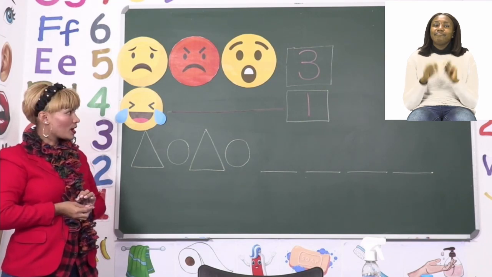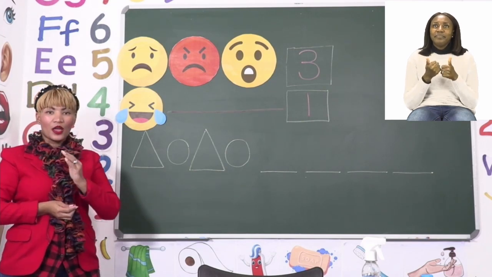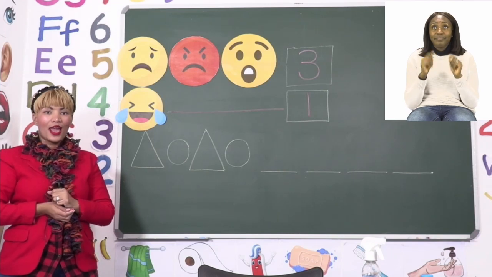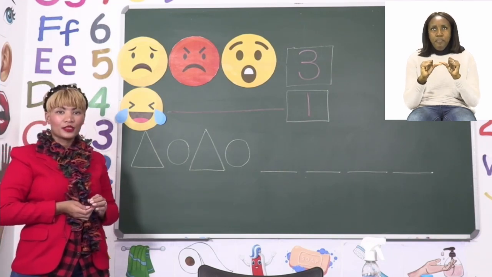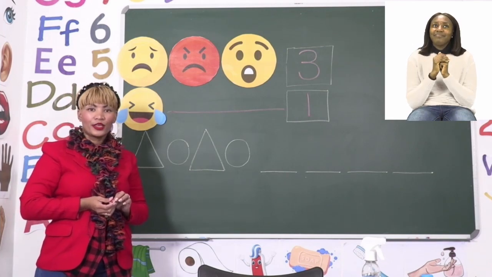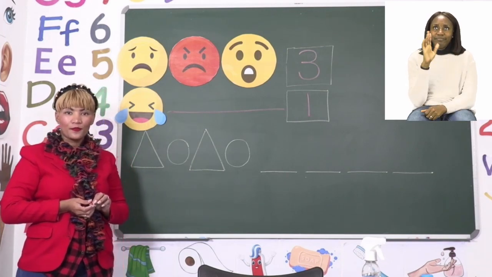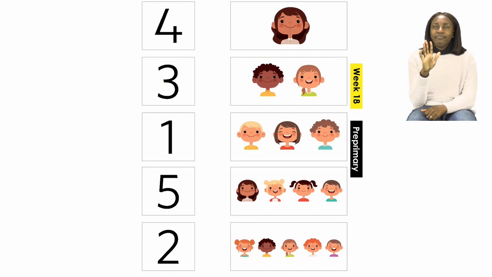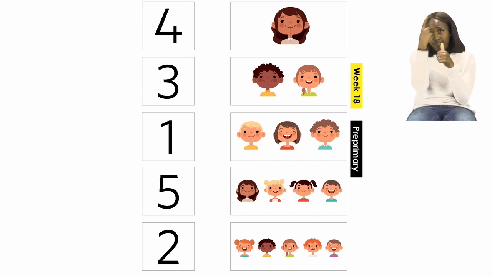Good job, everyone. So I want you to go ahead and do the rest of the numbers on your own. Let's go back to page 25 one more time, and then we look at the pictures and the numbers. So in the first picture, we counted 1 face.